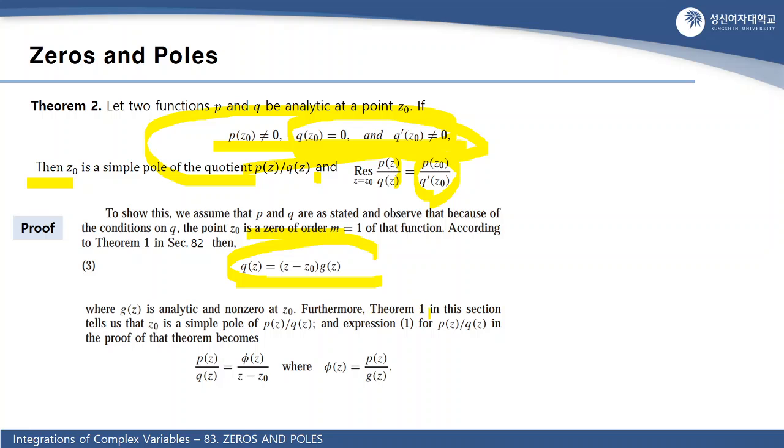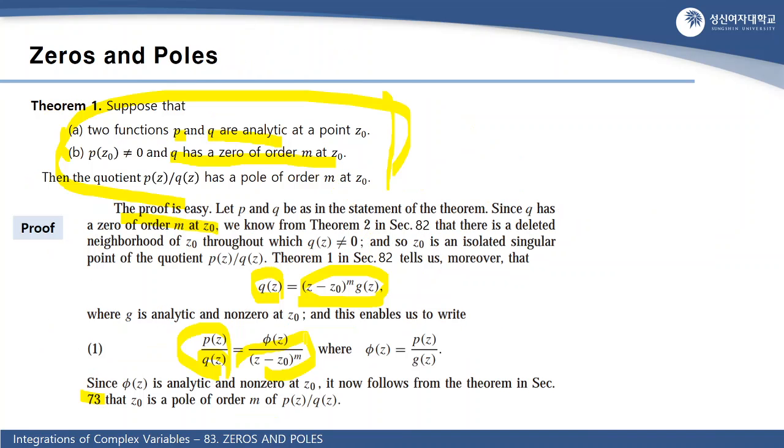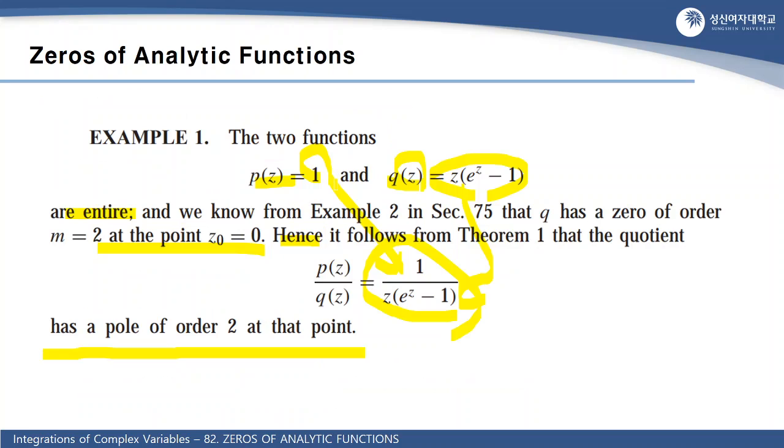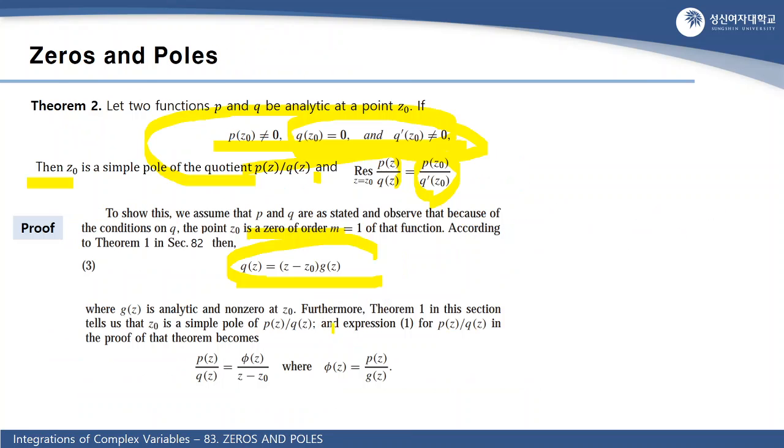Furthermore, theorem 1 in this section tells us that z naught is a simple pole of the function P of z divided by Q of z, because order m is equal to 1 with these conditions.